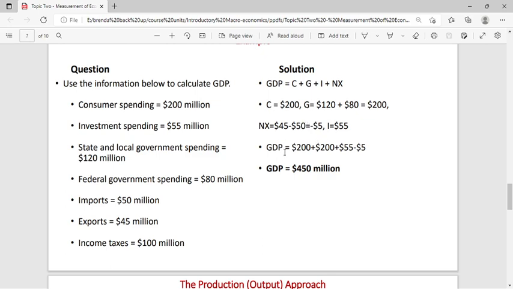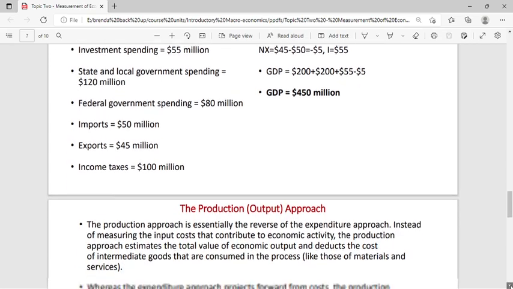So therefore, calculating our GDP, that will give us the 200, which is for consumer spending, plus government spending, which is also 200, plus the investment, which is 55, and then plus the net export, which is a negative 5, giving us 450 million. And there we are for the expenditure approach.